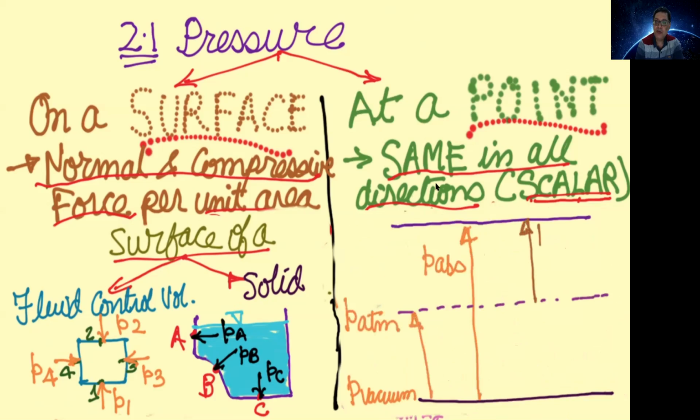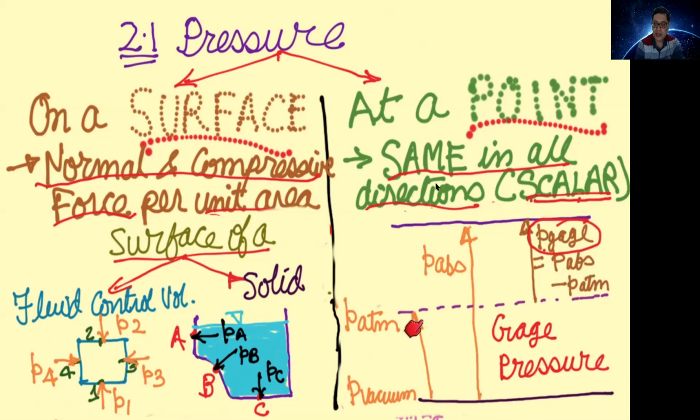Whereas if you measure the pressure with reference to the atmospheric pressure, shown here as atmospheric pressure, then absolute pressure minus the atmospheric pressure is called gauge pressure.